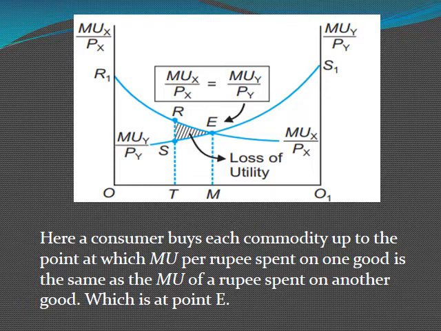So at point E, a consumer will purchase OM units of commodity X and O1M units of commodity Y. So a consumer will be in equilibrium at this point.